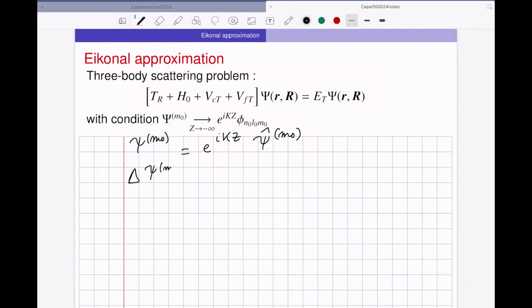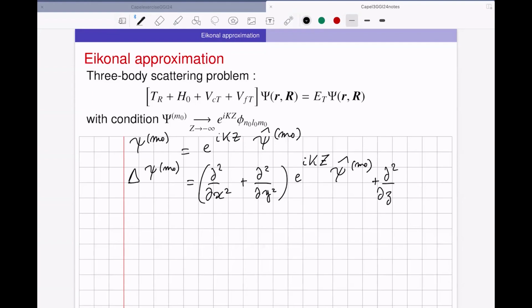So the Laplacian on the wave function will be the second order derivative over x squared plus the second order derivative over y squared on e to the power i k z and then psi hat, plus the second order derivative over, because it's capital Z, I'm sorry, so this should be x and z squared, e to the power i k z.